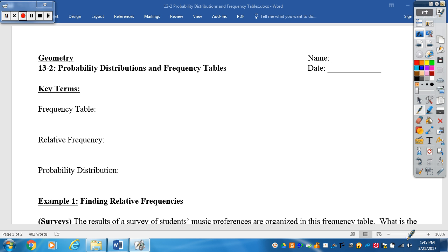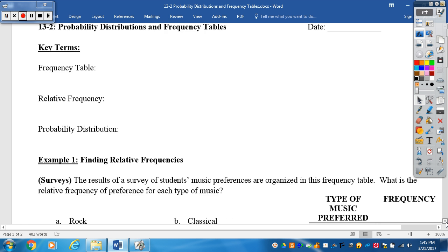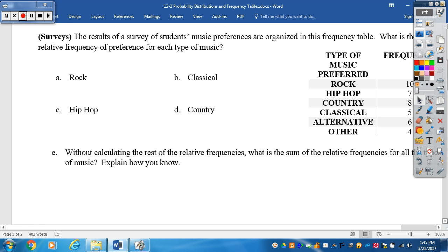Let's take a look at some of these examples and see how these terms can play out within some problems. Number 1 says: the results of a survey of students' musical preferences are organized in the frequency table. What is the relative frequency of preference for each type of music?